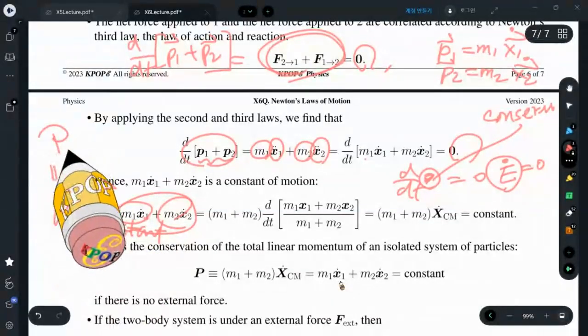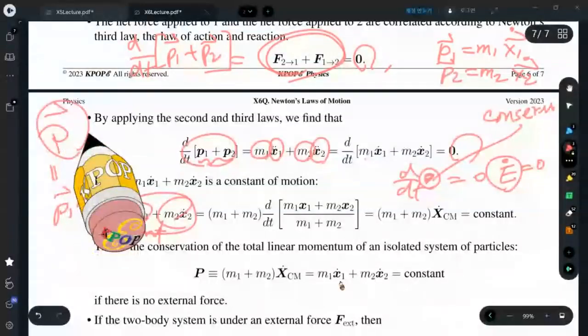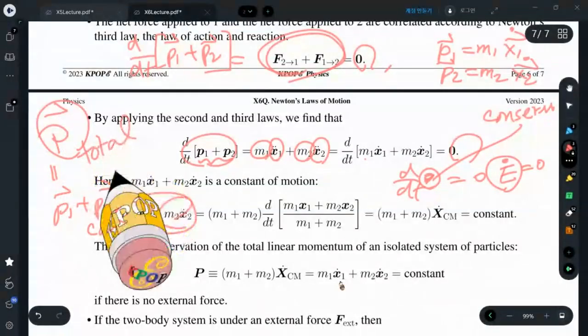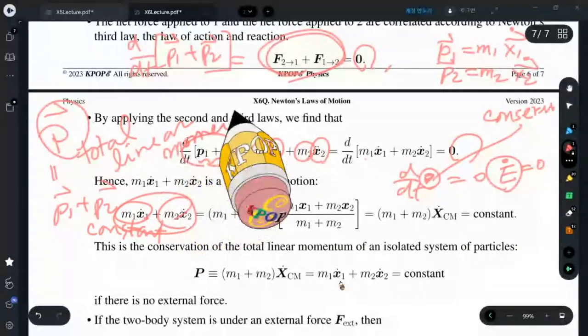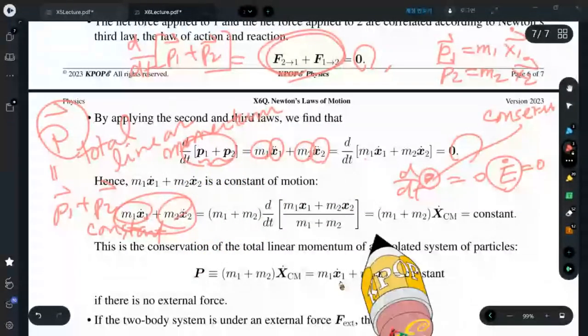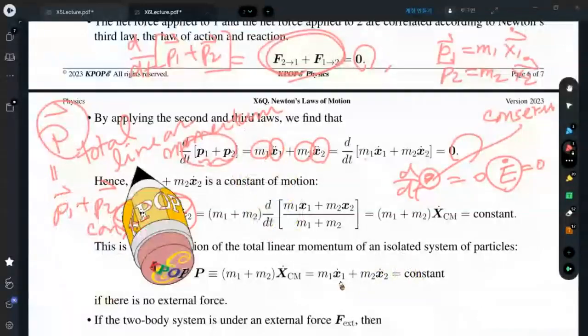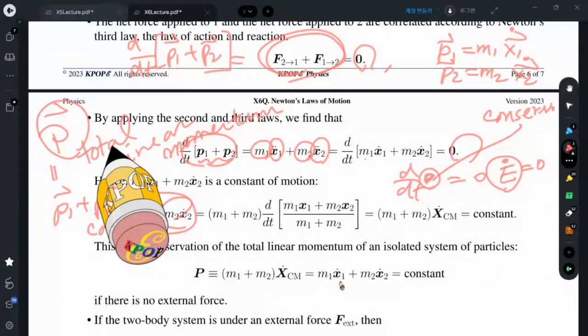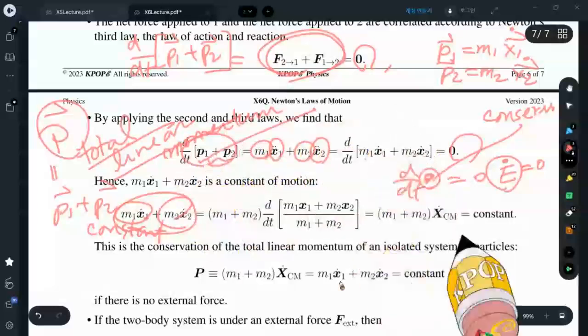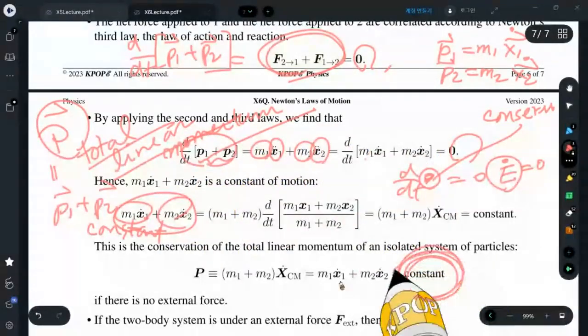That is called capital P, the total linear momentum of the two-body system. The total linear momentum of a two-body system under no external force except for their own communication through internal force is always conserved, a constant, a conserved quantity.